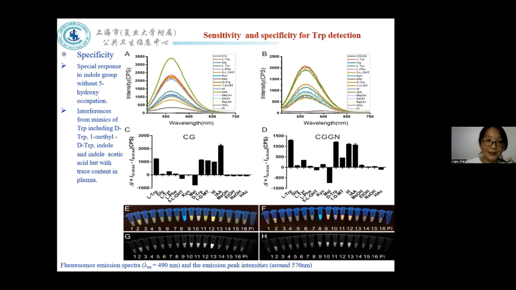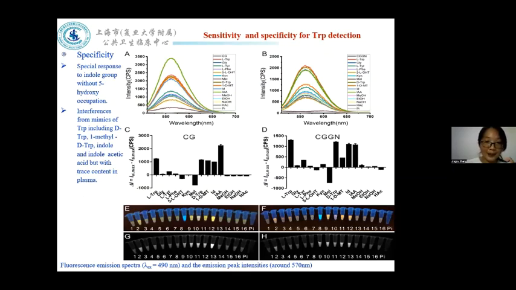Finally, we found that our nanosensor gives a special response to indole groups without 5-hydroxy occupation, and the interferences come from mimics of tryptophan, substances that have an indole group.